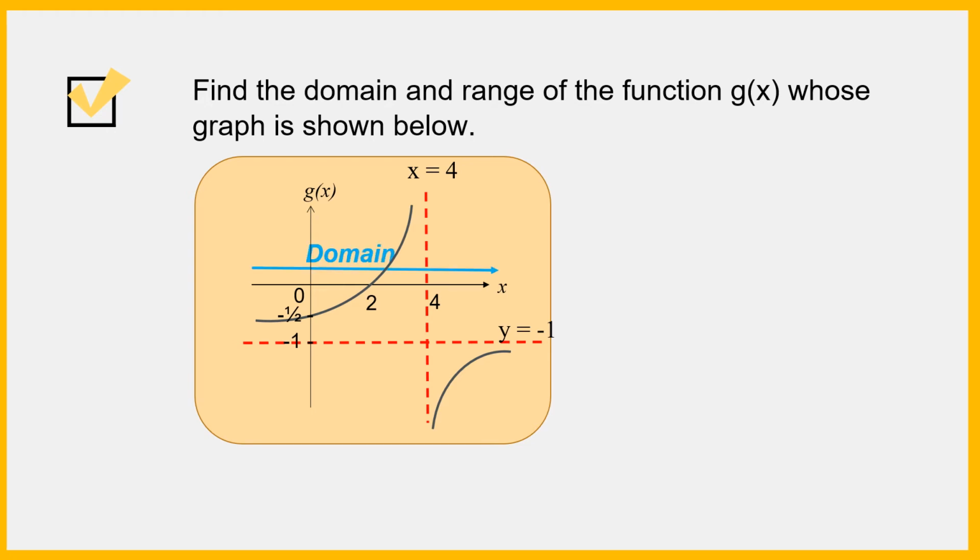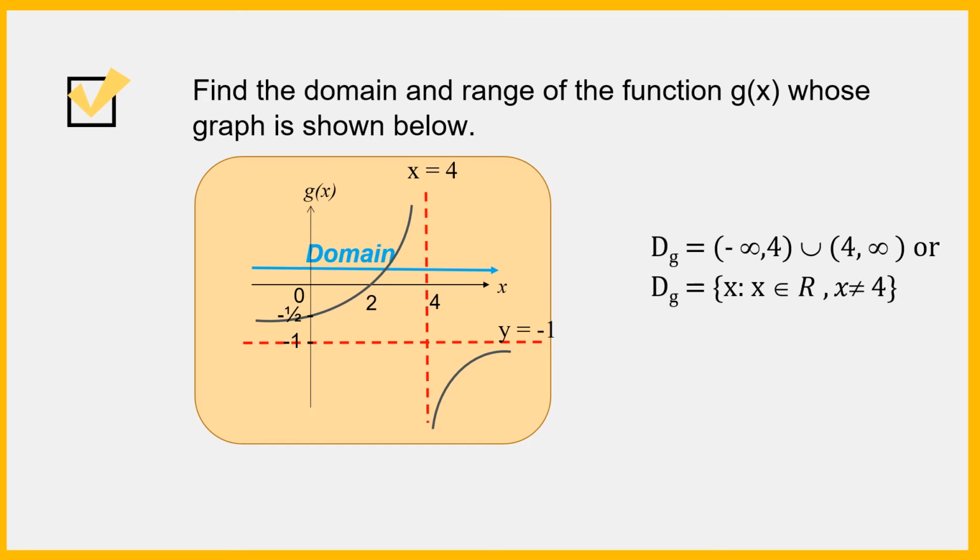Thus, the horizontal extent of the graph takes any values of x in the real number system R except x equal 4, and so the domain is written as (negative infinity, 4) union (4, infinity) in interval form. 4 is not included. Or in set form, the domain of g is for all x in R, x cannot be 4.